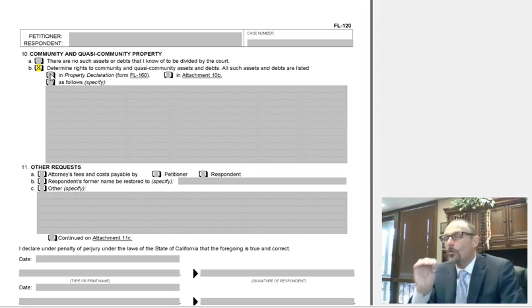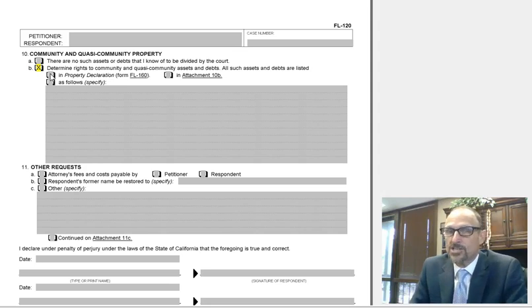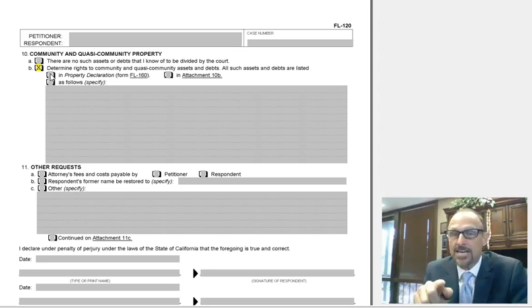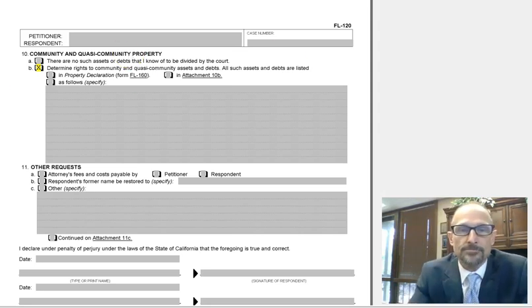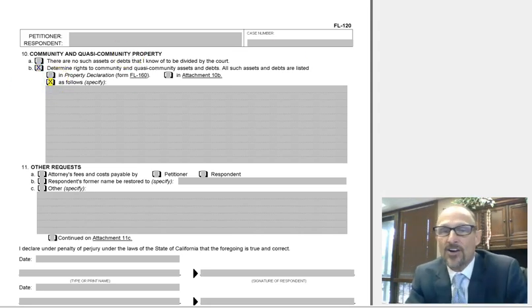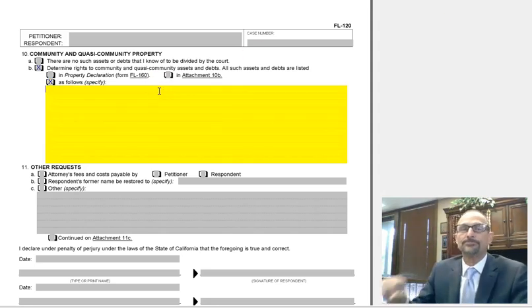Or you don't have to fill out that form. You can list your community property items here. You don't have to put values on this form. You just mark B and as follows, and then list your items.